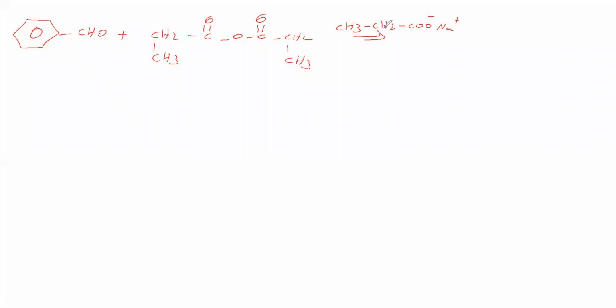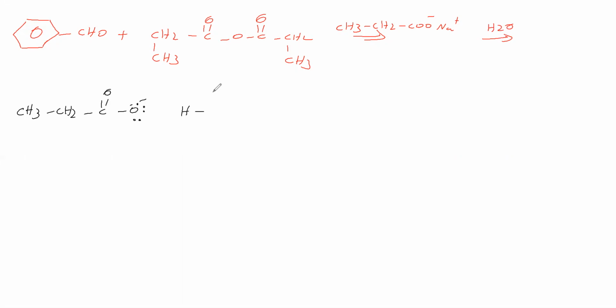Then the resultant we take for hydrolysis. Then we will get an alpha, beta unsaturated acid. So in the first step, this base is converting this into a carbanion. This base, CH3CH2COO minus, this O minus is abstracting an alpha hydrogen from here.